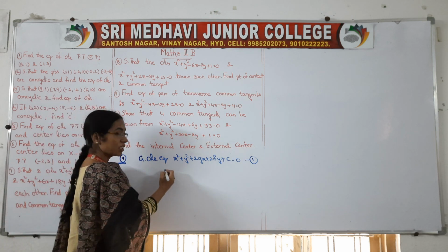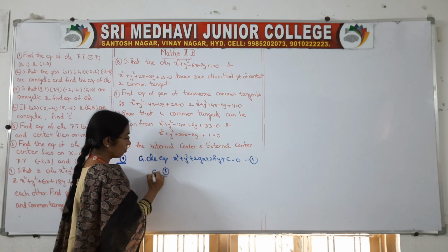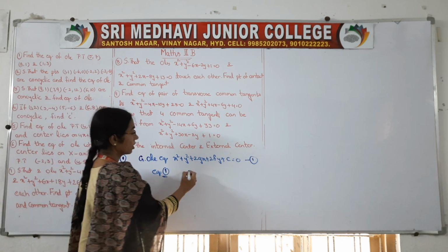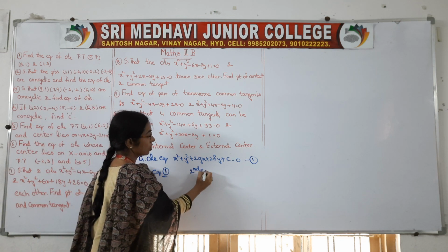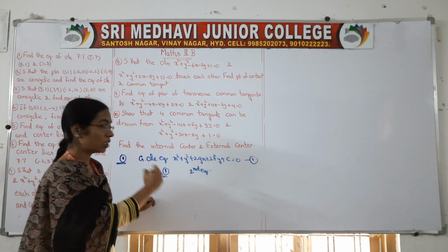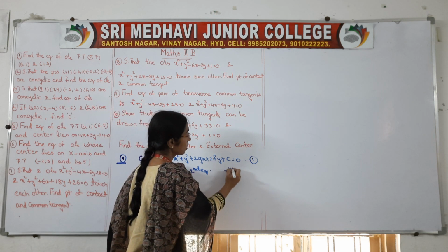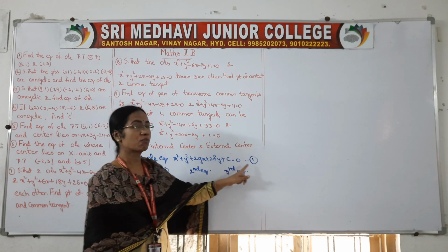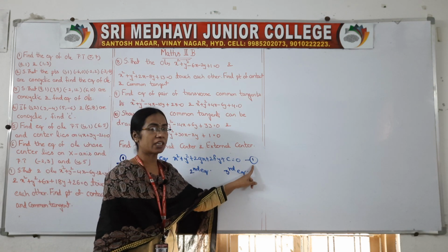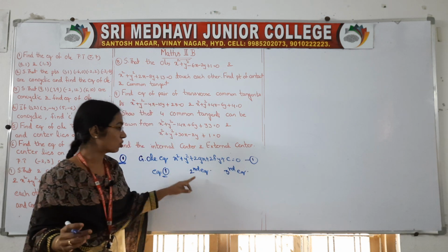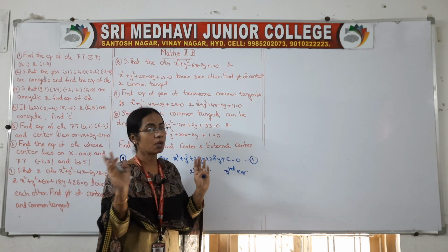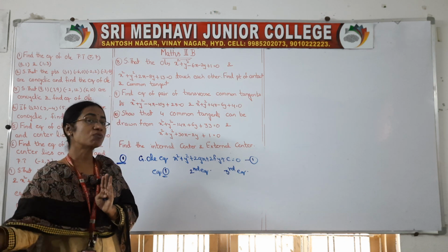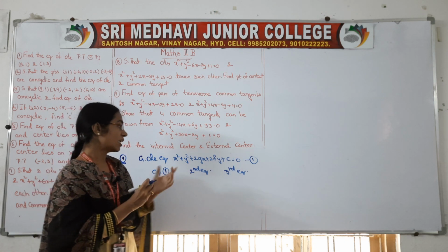Passing through the first point, you will get the first equation, equation 1. Passing through the second point, you will get the second equation, and passing through the third point, you will get your third equation. Take this one as 2, this one as 3, this one as 4. Actually we are having 3 equations now in terms of g, f, c.